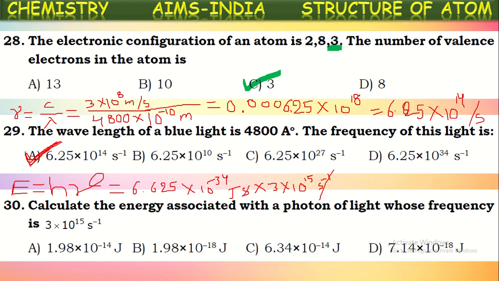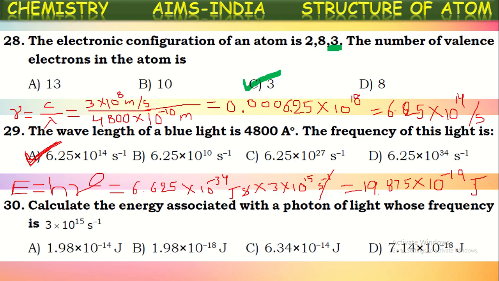Okay, these two will be getting cancelled. Now if you multiply these two, 6.625 into 3, we get 19.875 into 10 to the power of minus 34 into 10 to the power of 15. It becomes 10 to the power of minus 19.